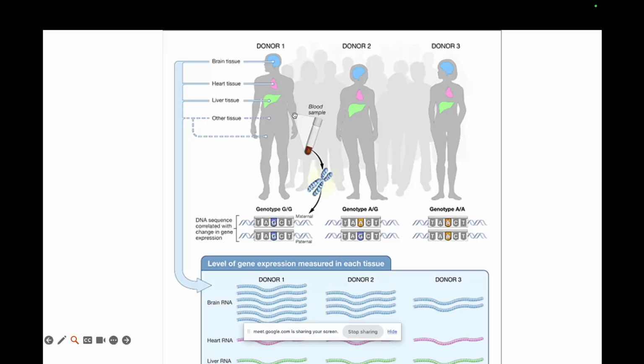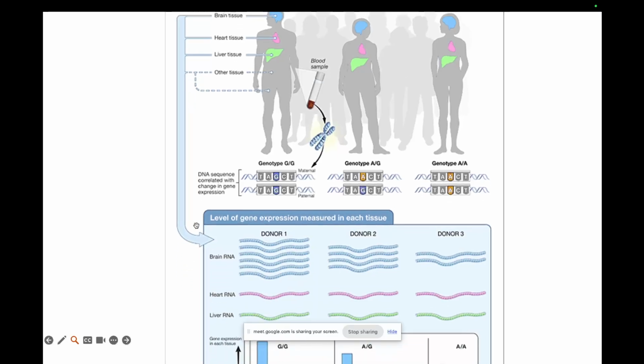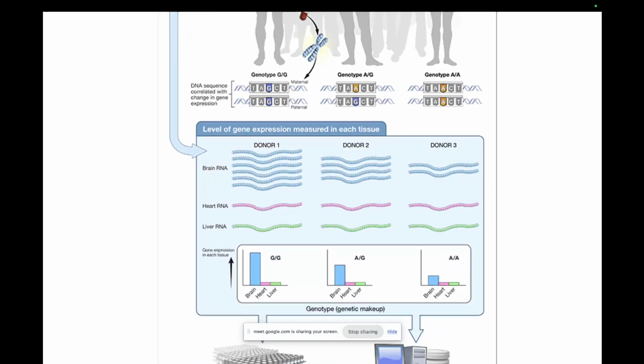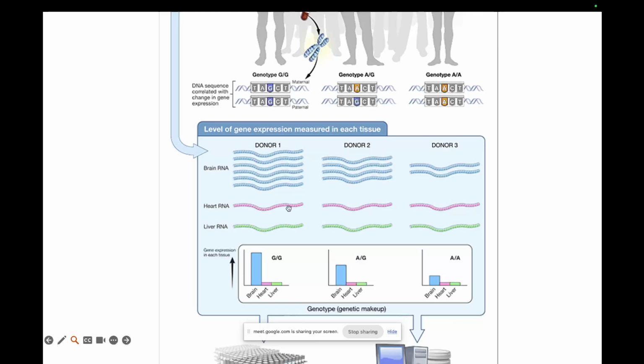Then they collect different tissue samples from the donors: brain, heart, liver, etc. They do genome sequencing, and then RNA sequencing across the different tissues.